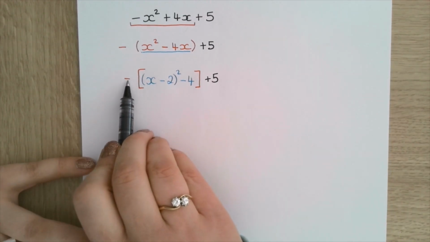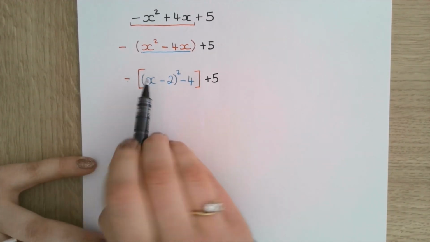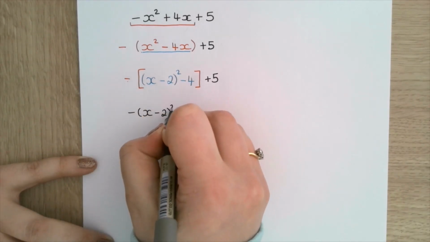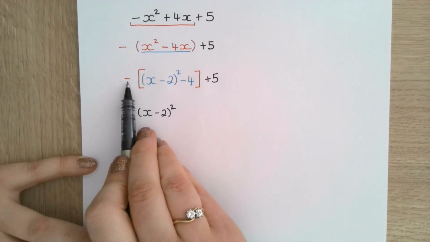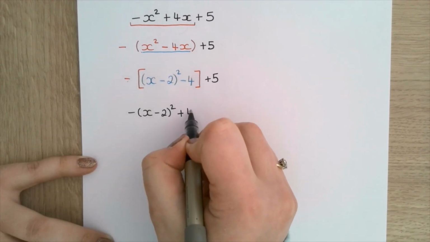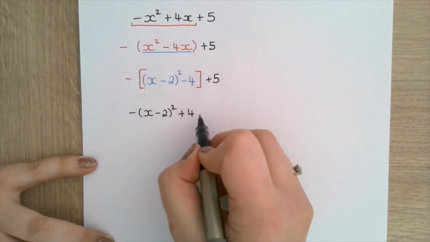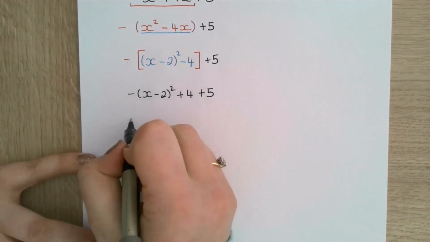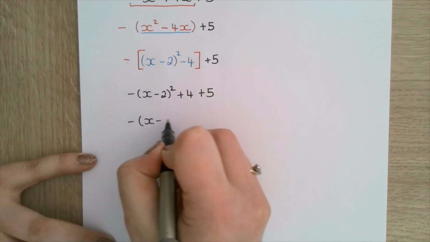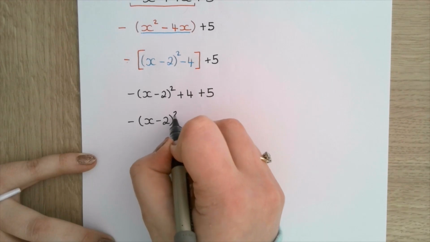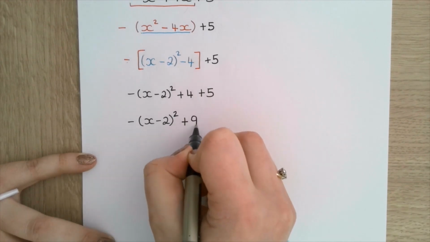Expanding out my brackets, negative times the bracket leaves me with minus in front of the brackets, and then minus 1 times that minus 4 gets me plus 4, and then I've got the plus 5 on the end. Smartening this up, I get negative brackets x minus 2 all squared plus 9.